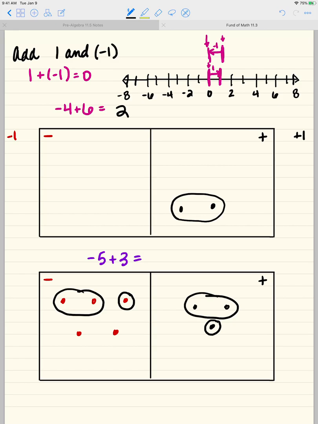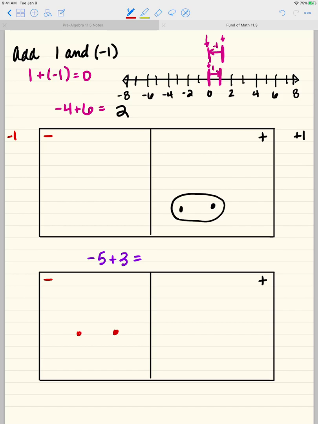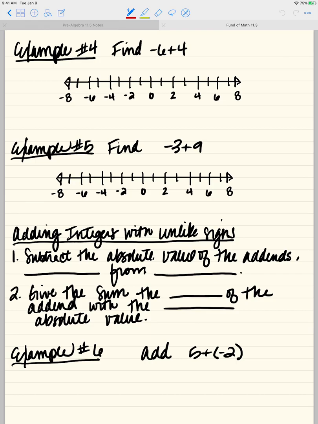Okay, so those get to go away. If you're moving stuff off, move those off now. I'm erasing. I'm left with 2 on my red side. So -5 plus 3 is -2.